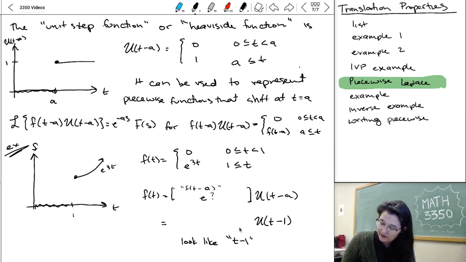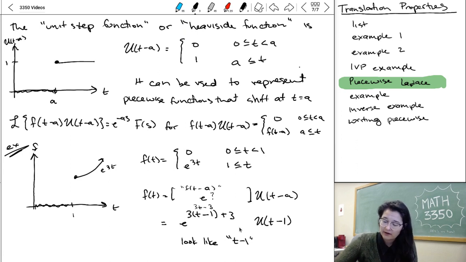So I'm going to do similar to before. I'm going to say, okay, I need it to have 3t. So I guess I'm going to use e to 3 times t minus 1. This is 3t minus 3. So if I want to only have 3t, I would just add 3 to cancel out that extra 3 I introduced just now.